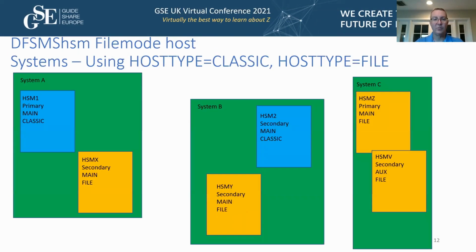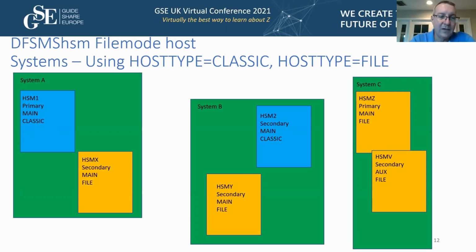So here's a picture of what it could look like in a small system. I was imagining the existing environment was on a system A and a system B, and they currently had this, what I have in blue, HSM classic host. After they have implemented the file mode HSM, as part of that, you need to take your existing HSM and change it into a classic HSM.